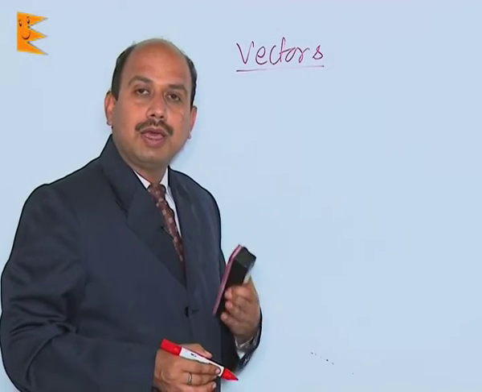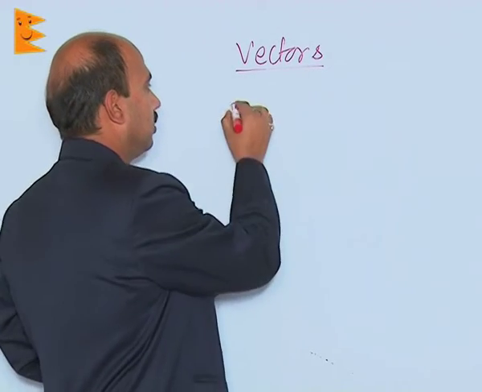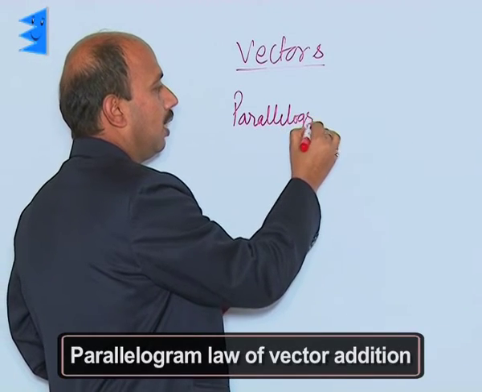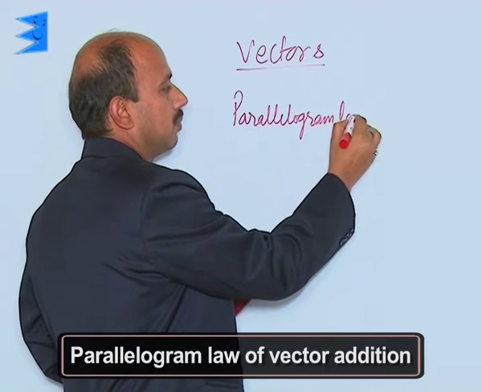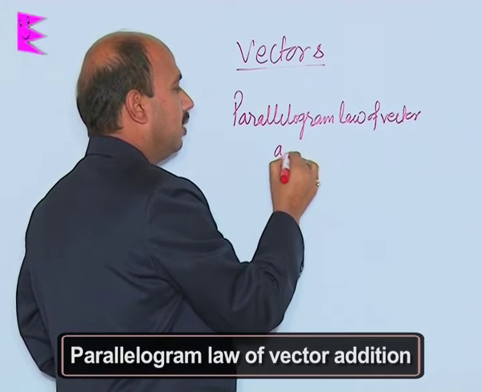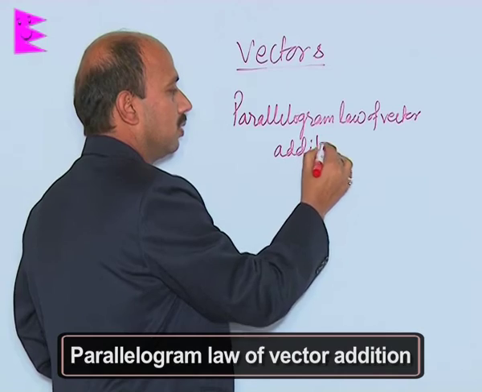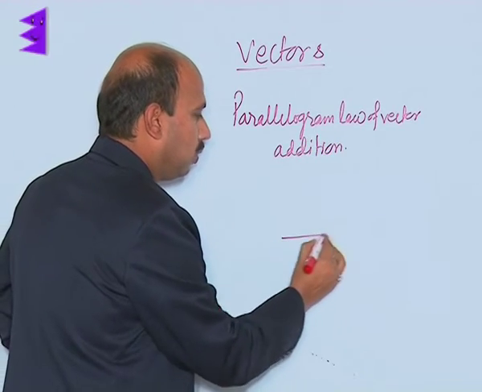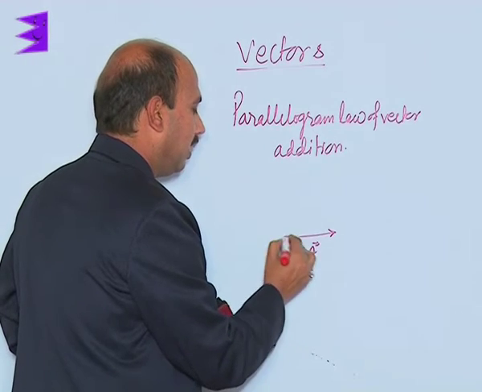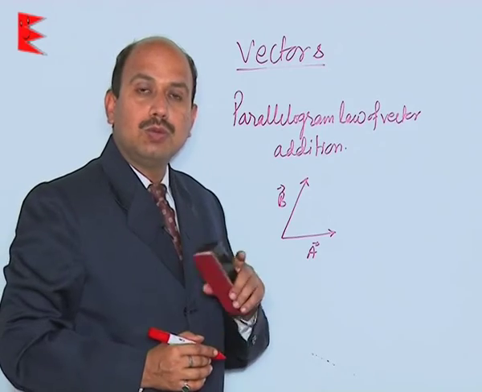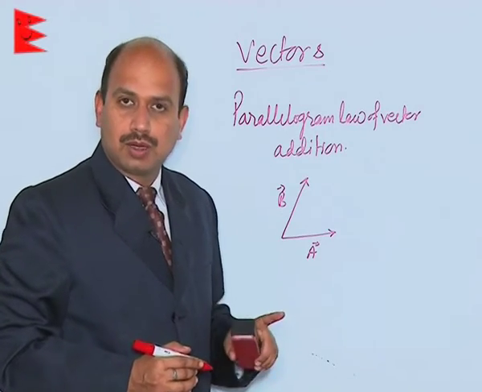Now, we can take the parallelogram law of vector addition. In this case, suppose you have taken two vectors, vector A and vector B. These two represent two adjacent sides of a parallelogram.